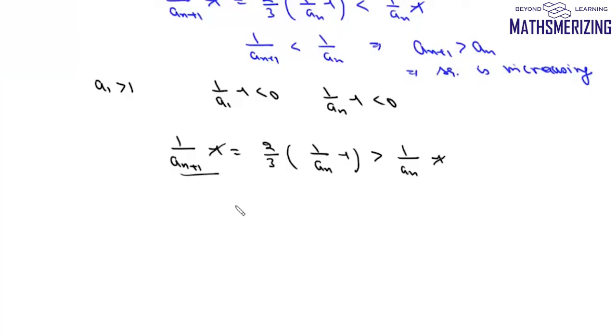Now here 1 and 1 will cancel. We write 1 upon a_(n+1) is greater than 1 upon a_n, and from here we can say this sequence is decreasing. So this is how we can prove such questions.